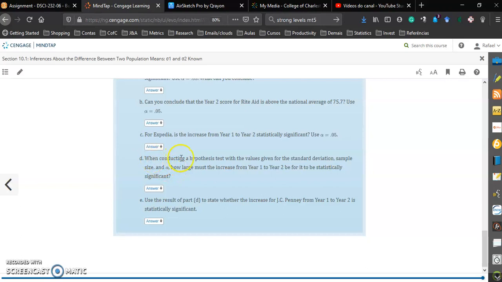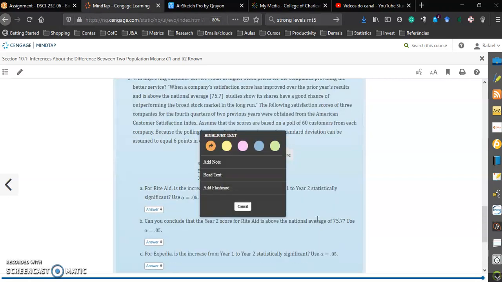When conducting a hypothesis test with the values given for the standard deviation, sample size, and alpha, how large... Use the result to state whether the increase for J.C. Penney from year 1 to year 2 is statistically significant. So we have the word increase from year 1 to year 2.